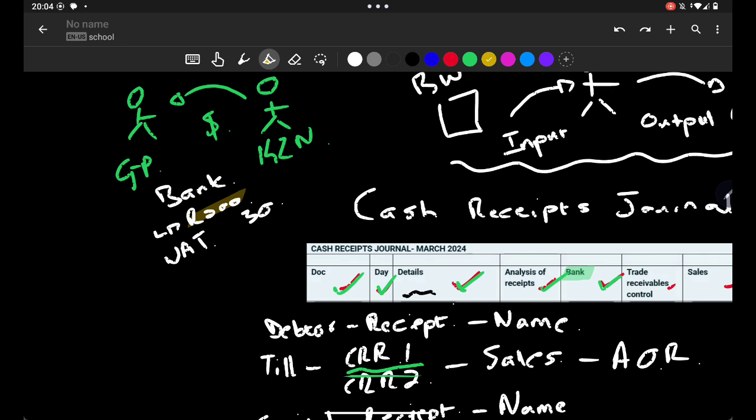Then finally we have our VAT exclusive amount, which is going to be sales, right? Remember, this person paid me from KZN for my tutoring services, so the sales here is going to be the VAT exclusive amount of 170, right?